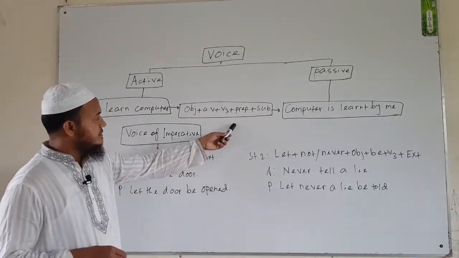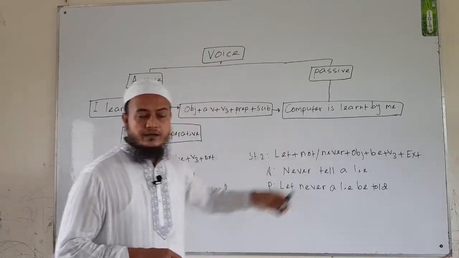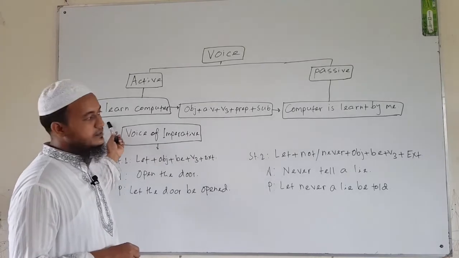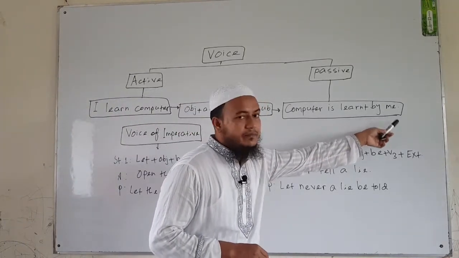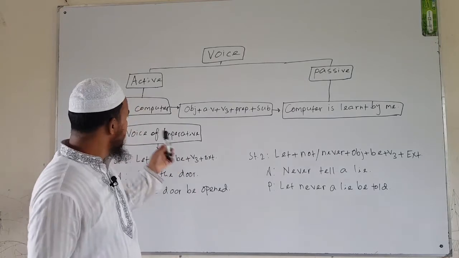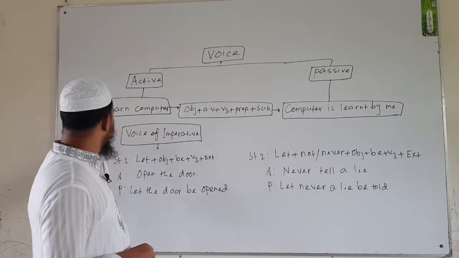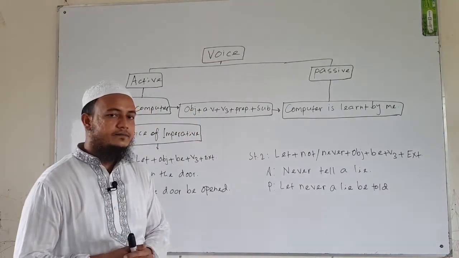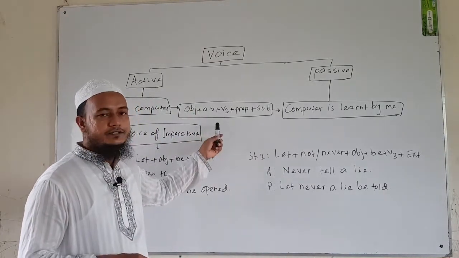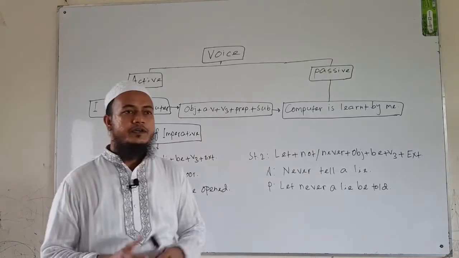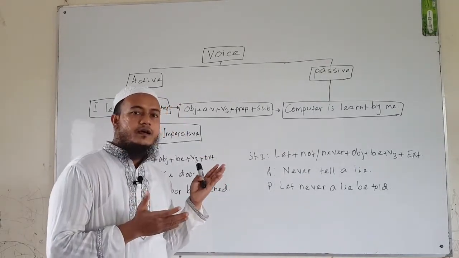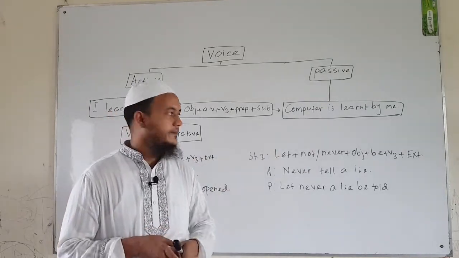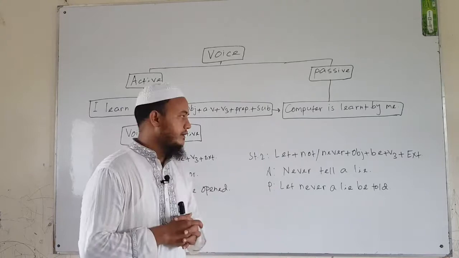And then the preposition by according to meaning, and then what is the subject here? I. So I will be me, okay. So the passive voice of I learn computer is computer is learned by me. Is that clear? Okay, so if you just follow this structure, you can easily solve the active voice and you can change it to passive, okay, especially for assertive sentences, all right.